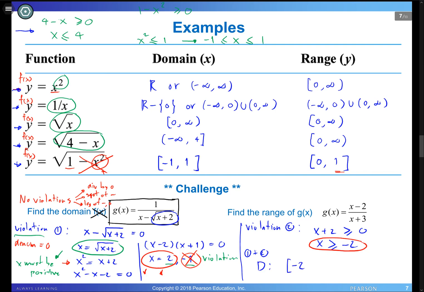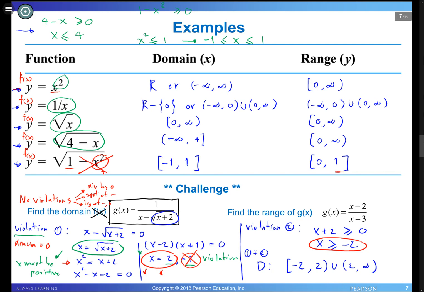But there is one exception at x equal to 2. So we have to exclude x equal to 2 from this range. The range is going to stop just before 2, union another set starting from just after 2 until infinity. And there you go, we have the domain set of the first challenge problem.